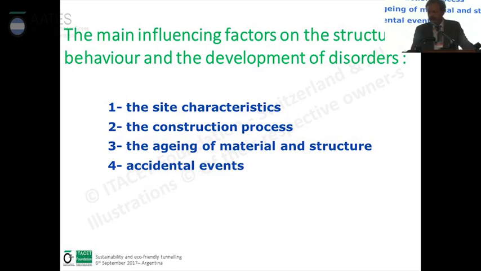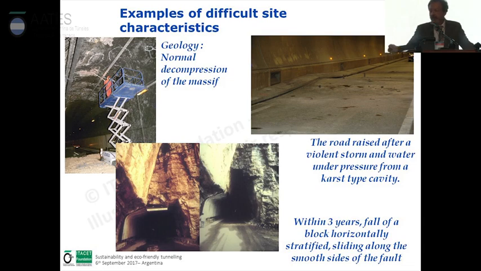To categorize the main influencing factors on the structural behavior and the development of disorders, we can have different reasons: the site characteristics, the construction process, the aging of material and structures, or also accidental events. I will not go too far on this question, but of course, there are examples of site characteristics.